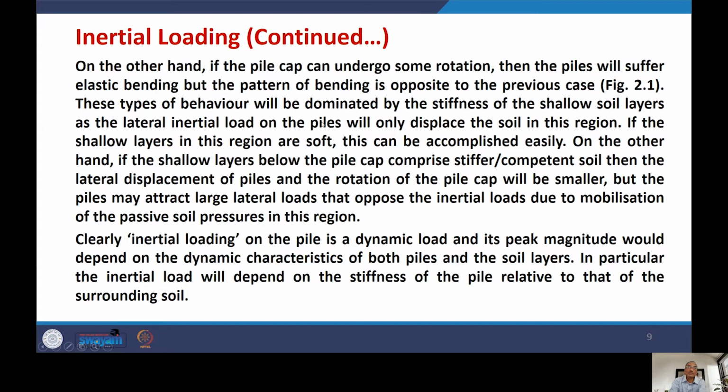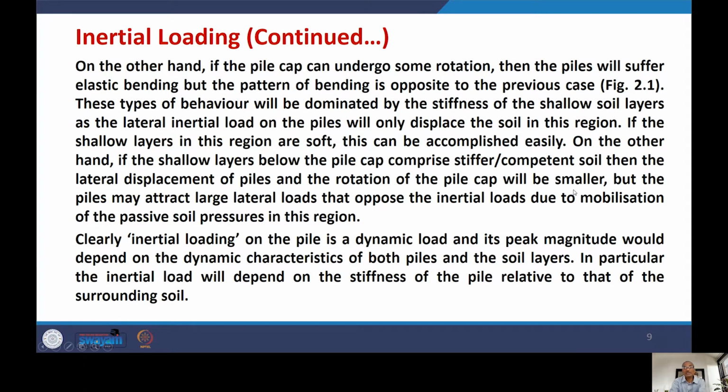This type of behavior will be dominated by the stiffness of shallow soil layers. The lateral inertial load on the piles will only displace the soil. When you apply lateral inertial loads at the pile cap or pile head, it will displace the soil in the shallow region near the pile cap.